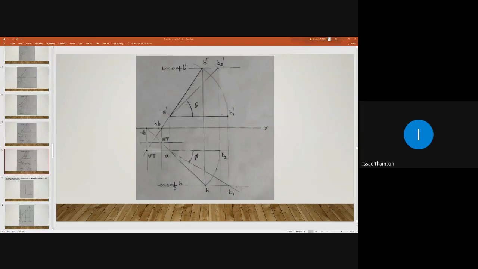Okay. Then, Alvin, what is the length of A dash B2 dash? 60 mm. That is wrong.